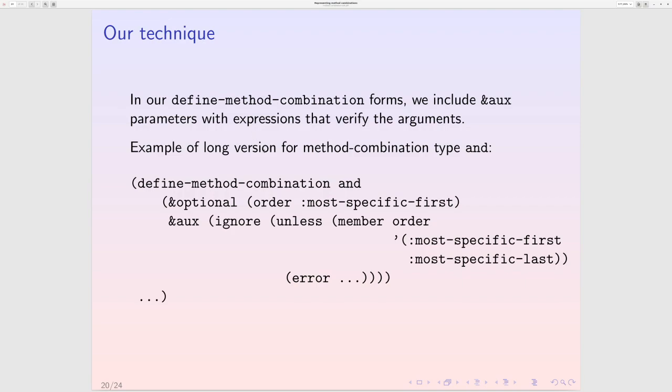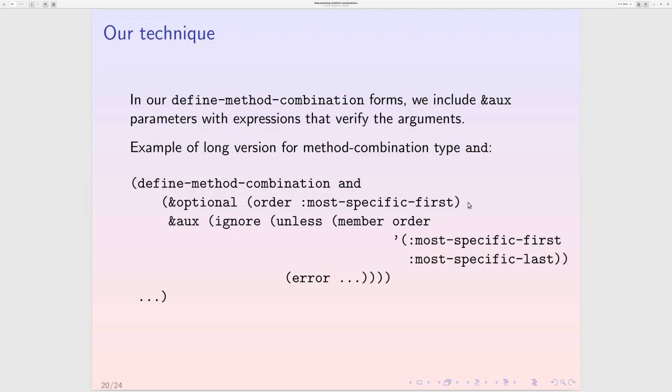So for instance, if we were to use the long version of defined method combination in order to define the AND method combination, we would specify this optional parameter called order, which defaults to most specific first, as we mentioned before.